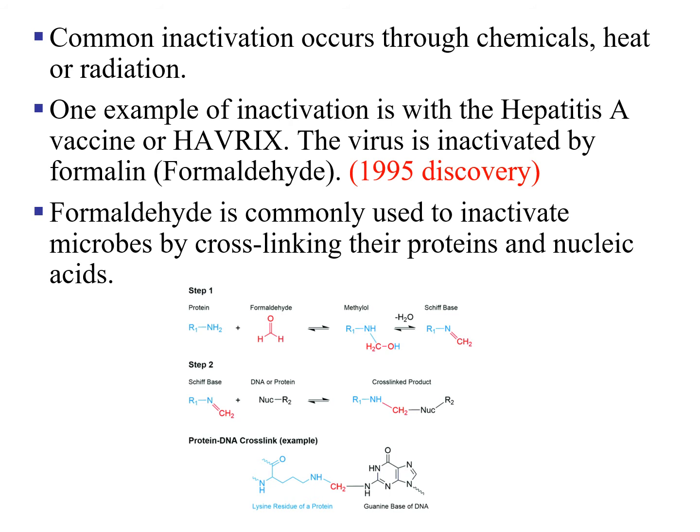So this is a killed virus that was killed using formalin. Formaldehyde is commonly used to inactivate microbes by cross-linking their proteins and nucleic acids. So it modifies the virus in such a way that it reduces the virulence.